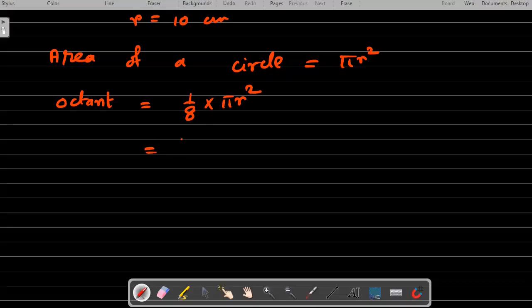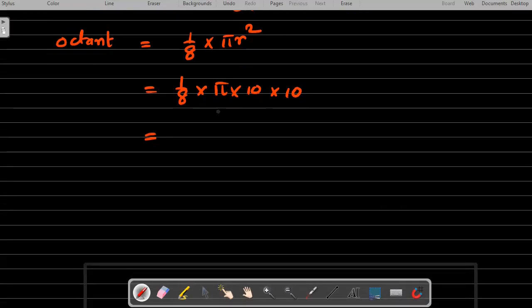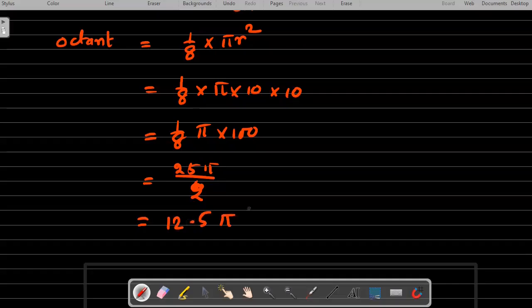Here we get 1/8 into pi into 10 into 10, that is 1/8 pi 100. Divide it by 4, so we get 25 pi by 2, that is equal to 12.5 pi centimeter square. This is the area of the octant.